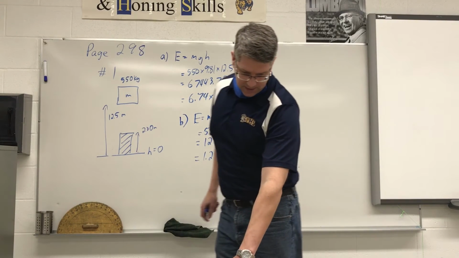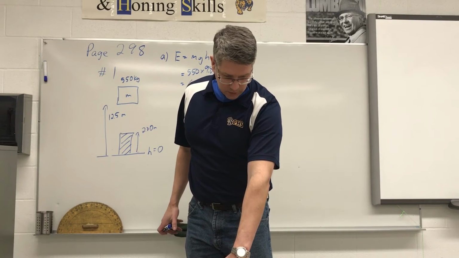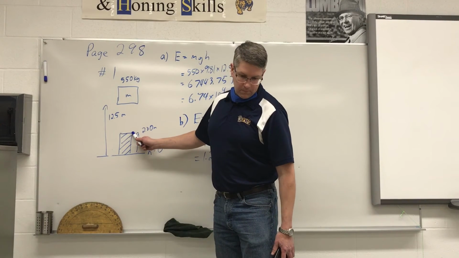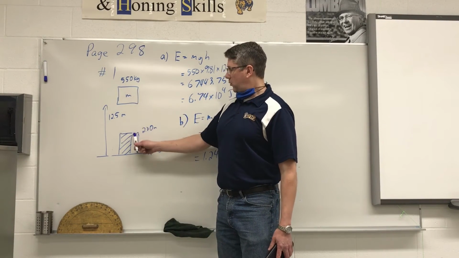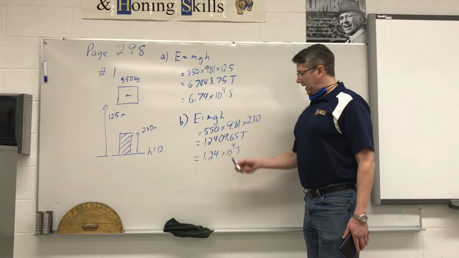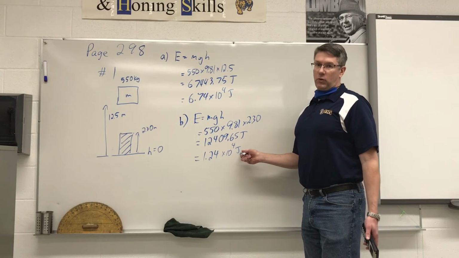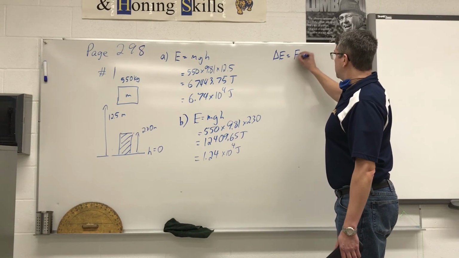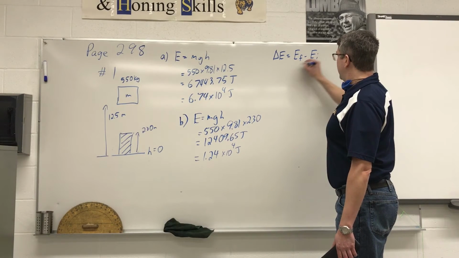Now, part C says, what is the change in gravitational potential energy of the mass as it's lifted from the top of the pile to the highest point? So going from here to here. Now, we have the energy at the top and we have the energy at the bottom. So there's 2 ways of doing this question. We can see that the change in energy is the final energy minus the initial energy.